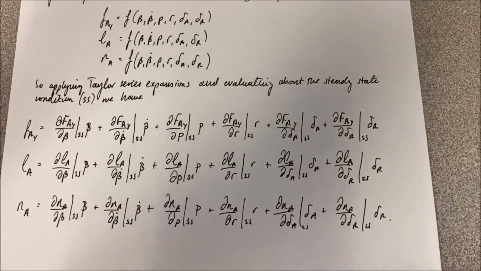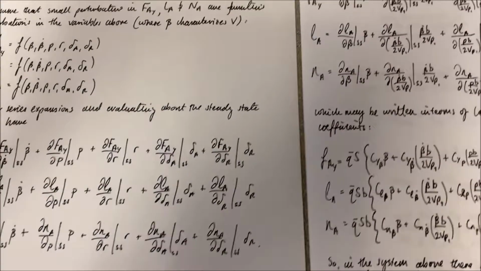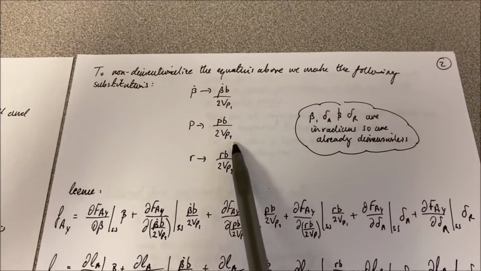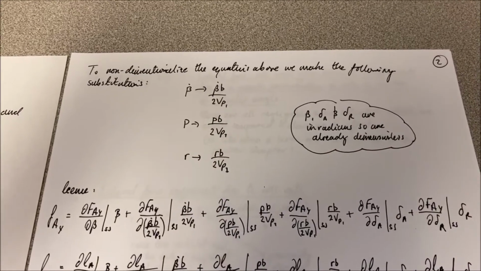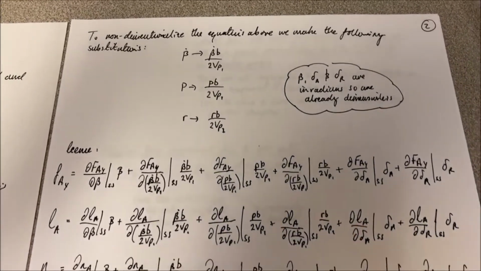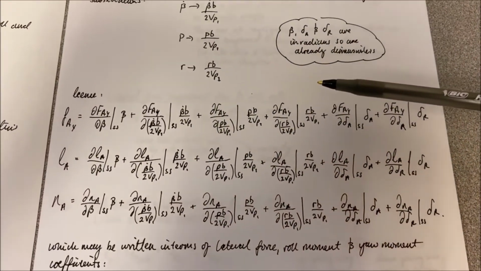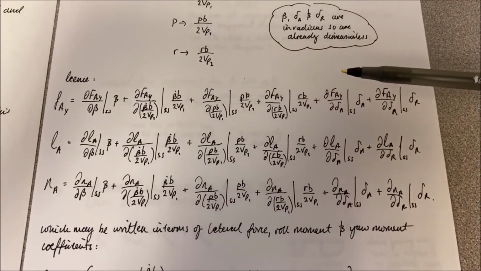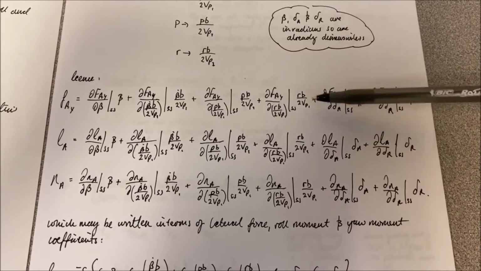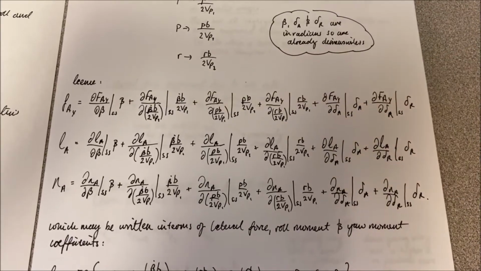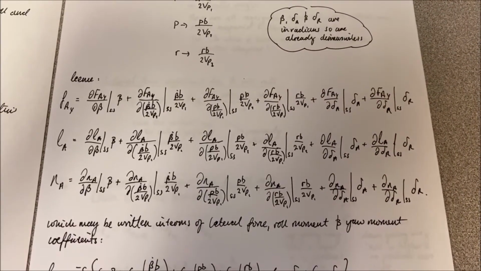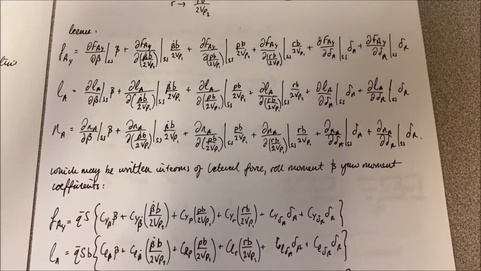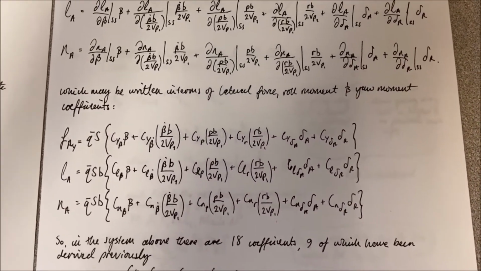So if we want to non-dimensionalize that system, we have to make the following substitutions, which again are similar to the ones that we made in the previous chapter. Then we get this system, which looks even more of a mess. And then to tidy this up a little bit, we can write some of these partial derivatives as lateral force, roll moment, and yaw moment coefficients to get this, which is a little bit neater, right?